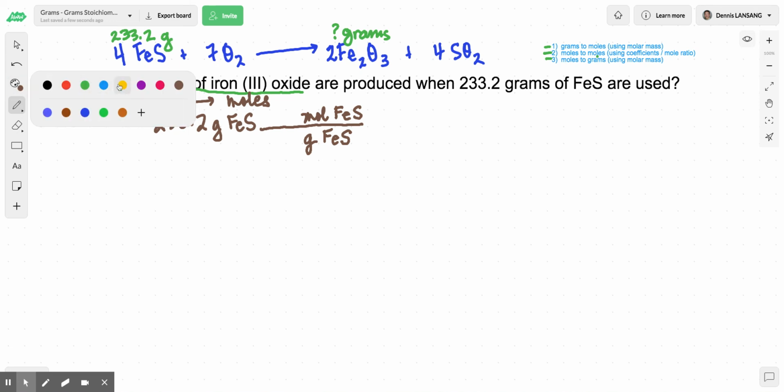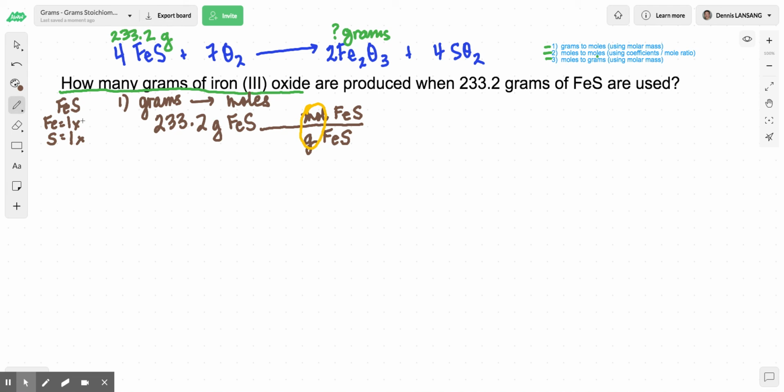You should also realize that this is the relationship between grams and moles. And so therefore, this is the molar mass. We need to calculate the molar mass of iron 2 sulfide. Let's do that over here. Let's write the formula again, FeS. And we see that there's 1 formula unit of iron and there's 1 formula unit of sulfur. And we multiply each by their individual molar mass.